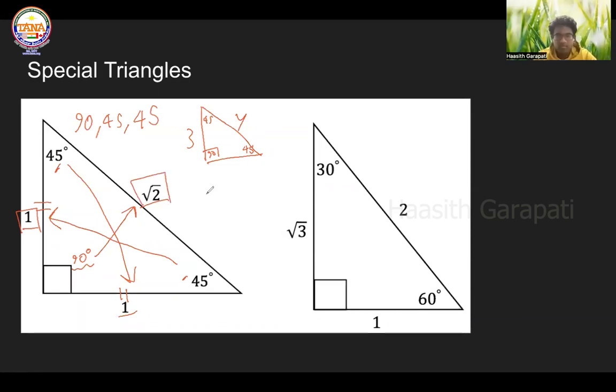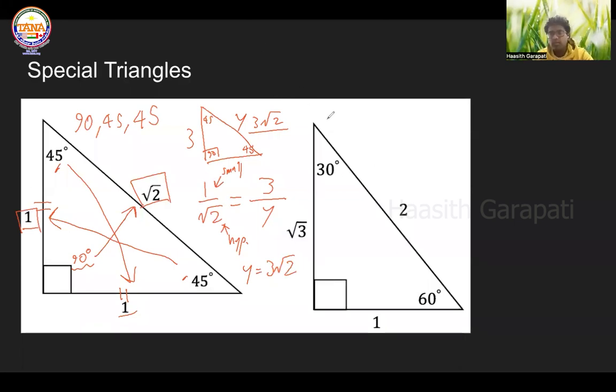You can create a proportion: 1 over √2, where 1 is the short side and √2 is the hypotenuse, is equal to 3 over the hypotenuse, which we don't know yet. If we solve the proportion, we get y is equal to 3√2. Obviously, it's pretty simple: we just multiplied 3 by √2 and easily found the value of y.